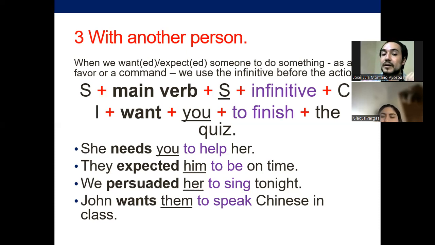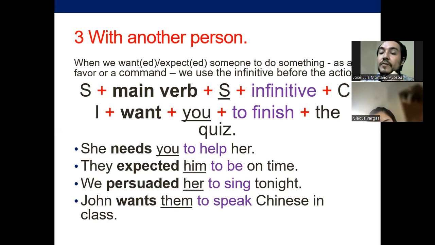All right, so let's first read the examples. Only the examples, please, Gladys. She needs you to help her. They expected him to be on time. We persuade her to sing tonight. John wants them to speak Chinese in class.